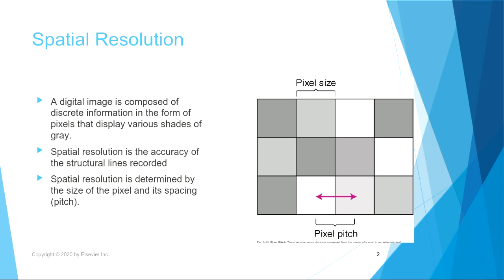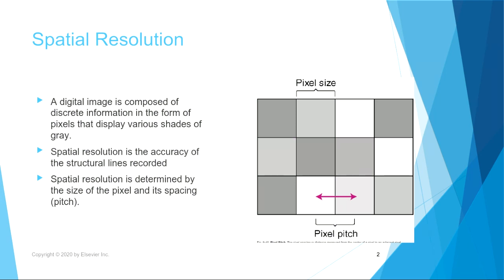You have a matrix, which is rows and columns of pixels, and each pixel is responsible for a section of anatomy that represents a volume of tissue. A pixel is two-dimensional, but it is imaging a three-dimensional object in the human body. So it's actually representing a voxel of tissue.